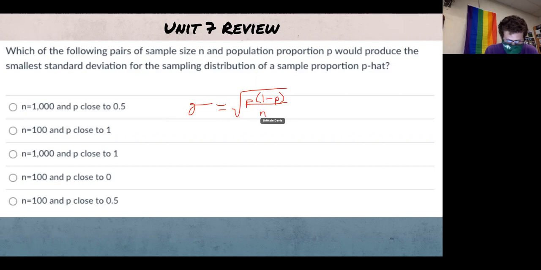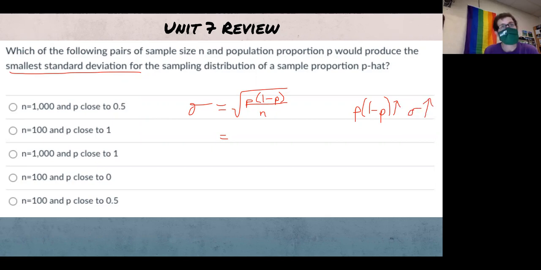Let me see what we're looking for. We want the smallest standard deviation. So anything in the numerator, it doesn't matter that it's under a radical, is directly proportional, meaning as your p times 1 minus p goes up, your standard deviation is going to go up.